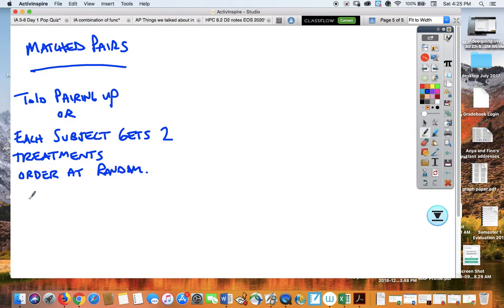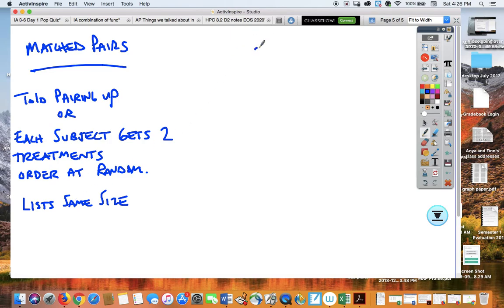Also, another thing is that a dead giveaway would be that your lists would be the same size. That does not mean that anytime you have two lists of the same size, it's automatically matched pairs. That's not true, but the opposite is true. So they have to be the same size in order for you to have them paired up.